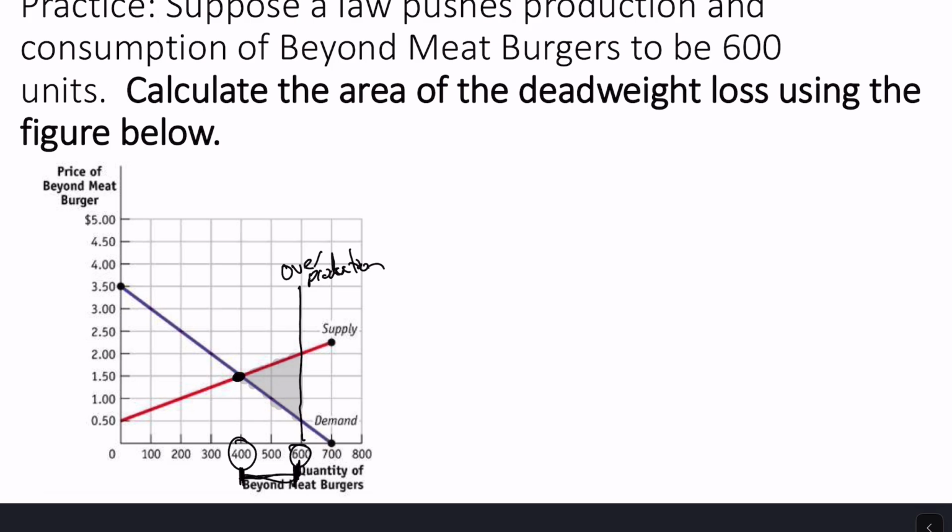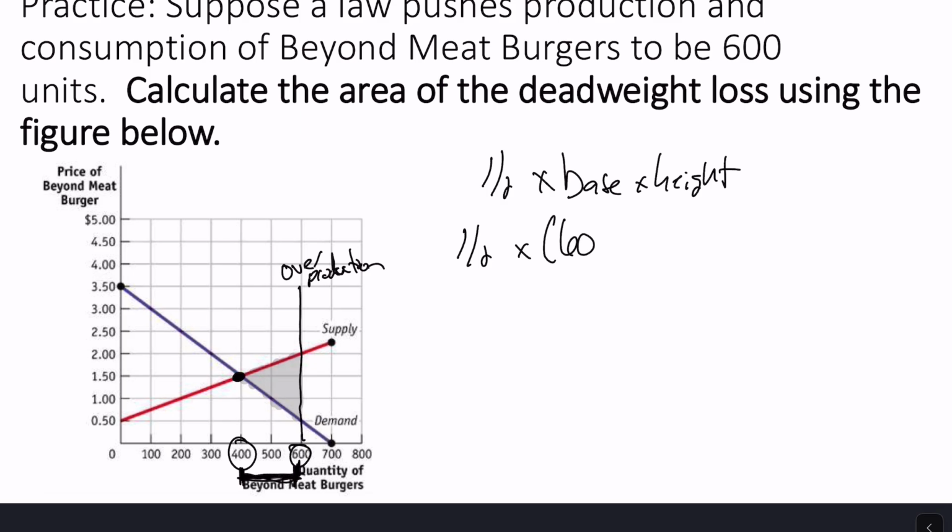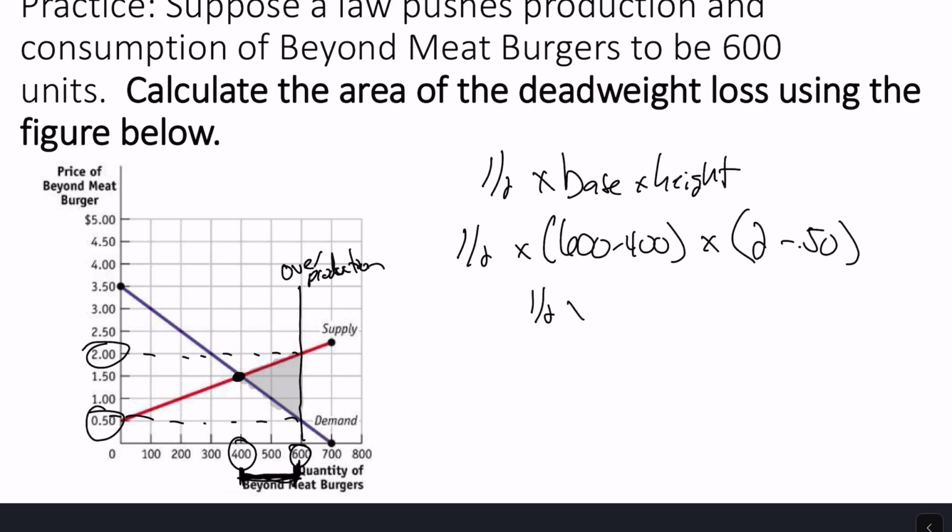All right. We got an area here, 1/2 base times height for this triangle. Our base will be this 400 to 600. So that's going to be 600 minus 400. Our height's going to be $2 down to 50 cents. And so we'll get 1/2 times 200 times $1.50.